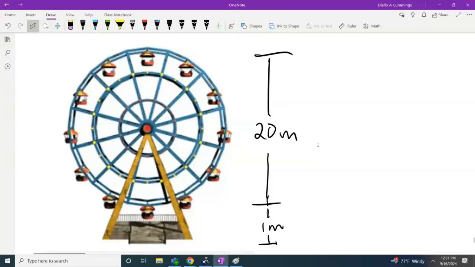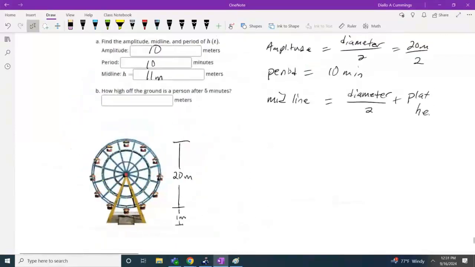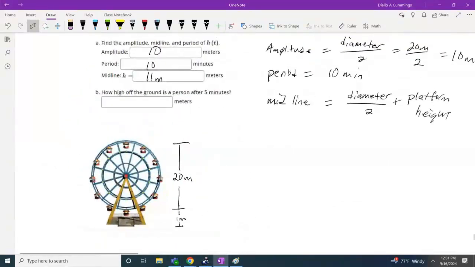Should be 21 meters. So here again, it takes 10 minutes for this to go around one full revolution. That means in 5 minutes, this car is going to go from here all the way up to the top. So in order to find that height, it would be the height of the Ferris wheel plus the 1 meter for the platform. So that's going to be 21 meters.